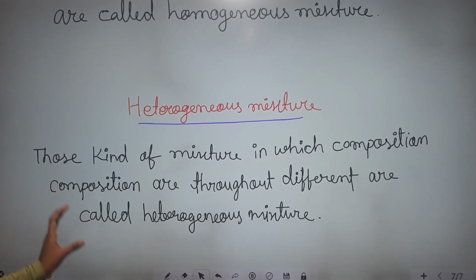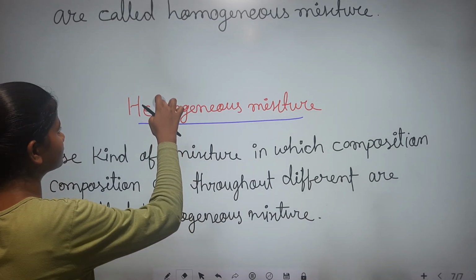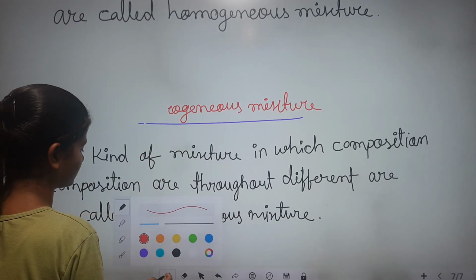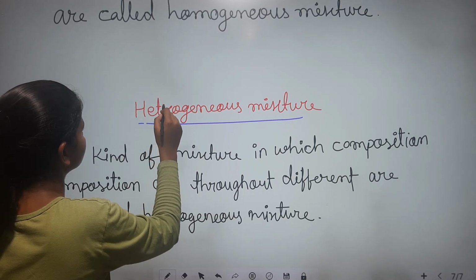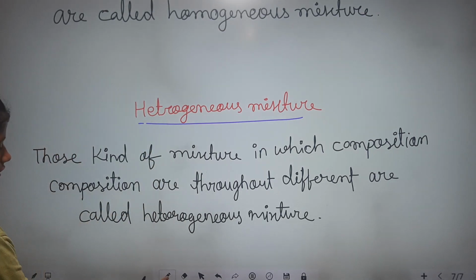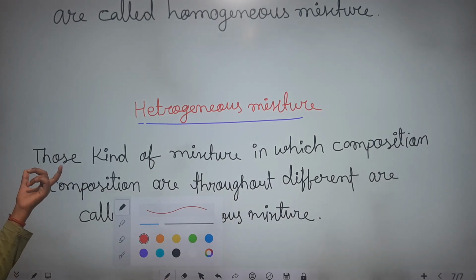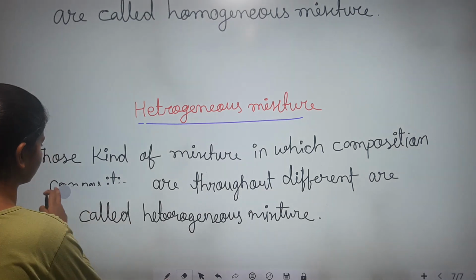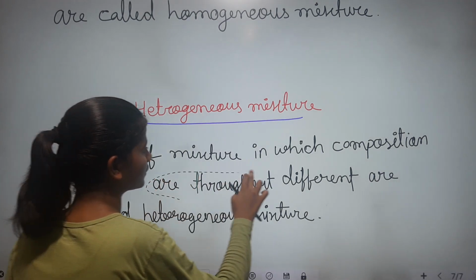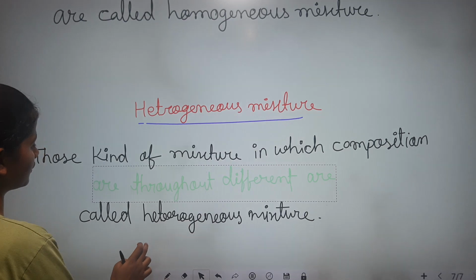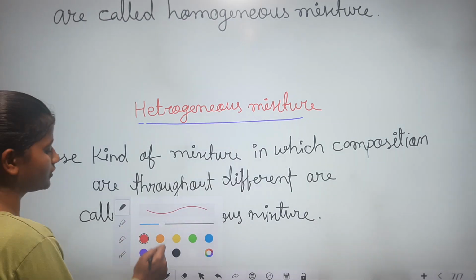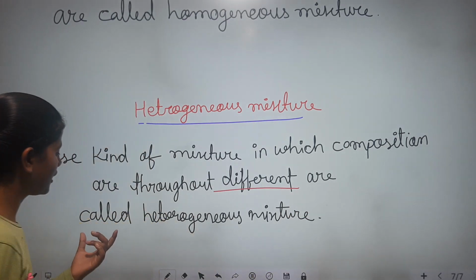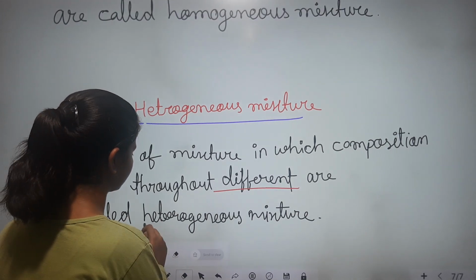Okay. So here, what is heterogeneous mixture? Those kinds of mixture in which the composition is throughout different, okay, are called heterogeneous mixture.